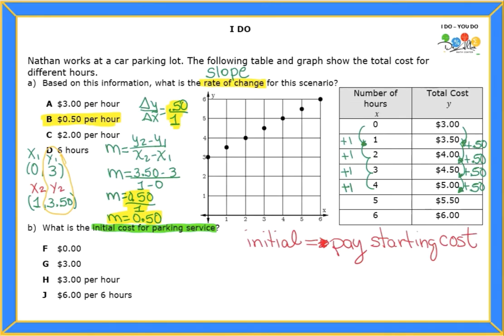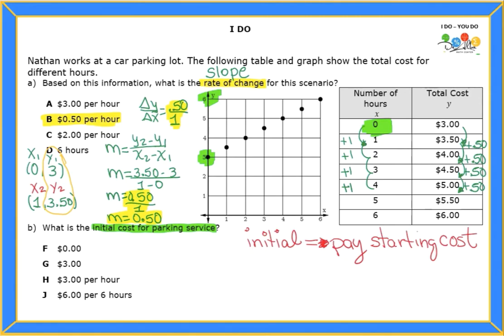So I want to point out to you two things. Number one, let's look at the graph. In the graph, I do have a point on the y, which is 3. And I want you to look at the table now. What happens when the hours is a 0?